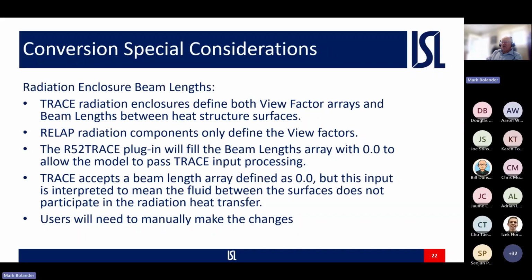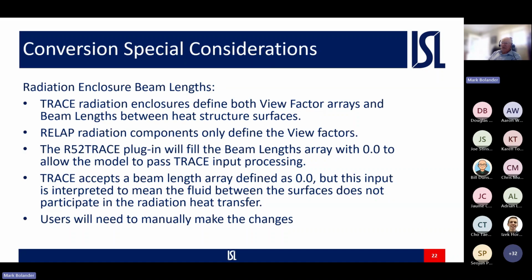Radiation enclosure beam lengths. TRACE radiation enclosures define both the view factor arrays and the beam lengths between heat structure surfaces. RELAP5 radiation only defines the view factors. So in the conversion process, the plugin will fill in the beam lengths array with 0 to allow the model to pass TRACE input processing.